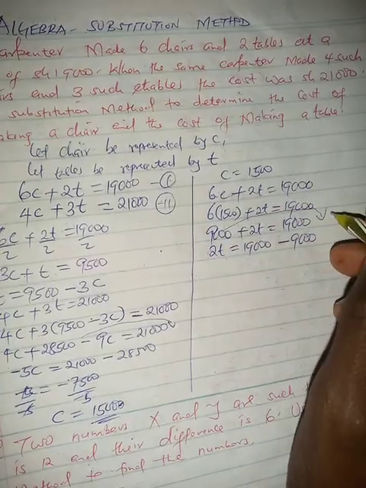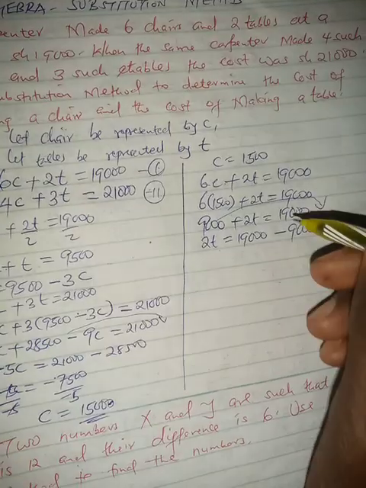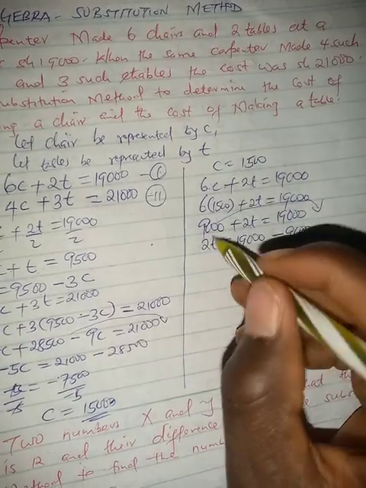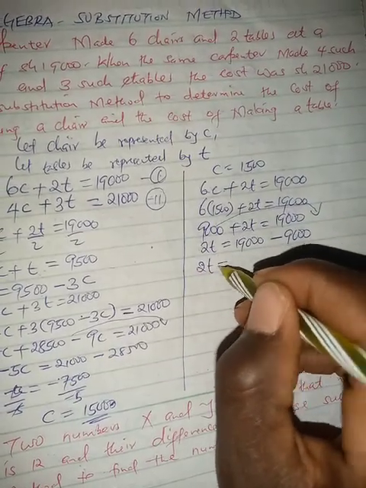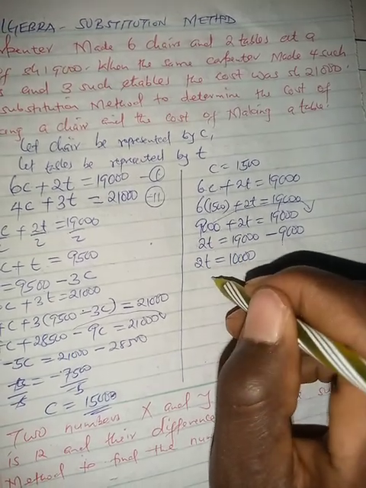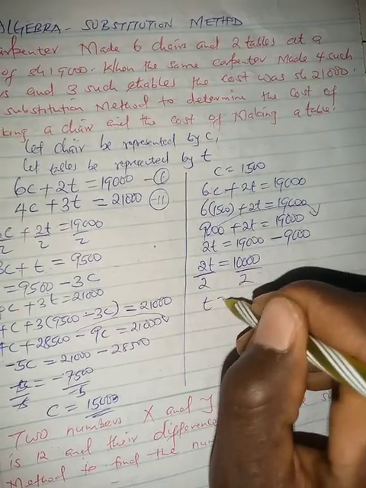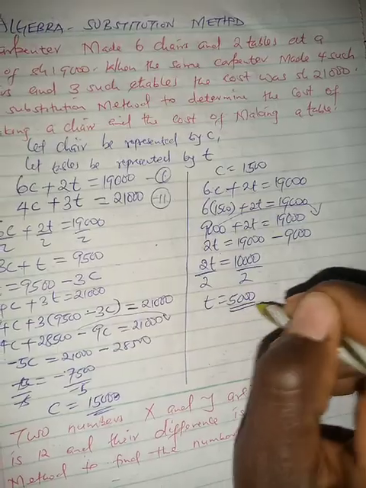Once a number crosses the equal sign it becomes negative. So here it will be 2t is equal to 10,000. Divided by 2, t is equal to 5,000.